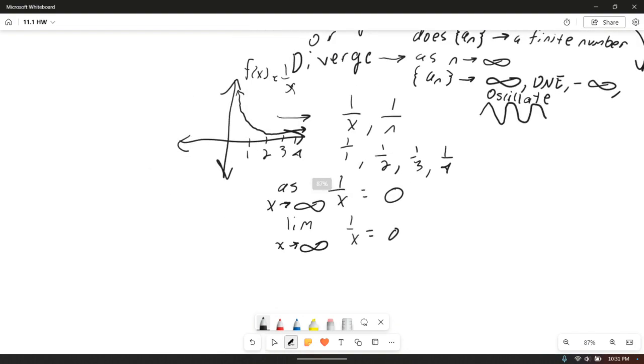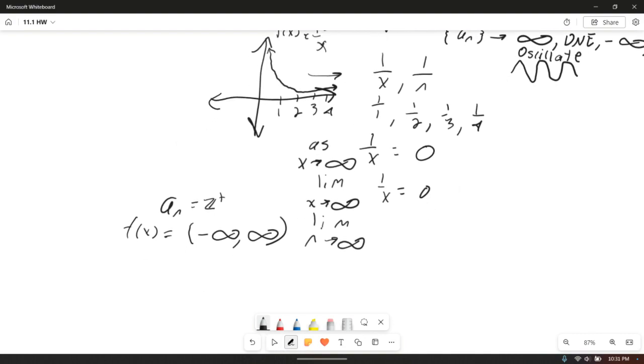And this is for a function, but it's very similar. Since a sequence is just the set of all positive integers, while f of x is the set of all real numbers, continuous from negative infinity to infinity, usually, then this set here is inside of this set.